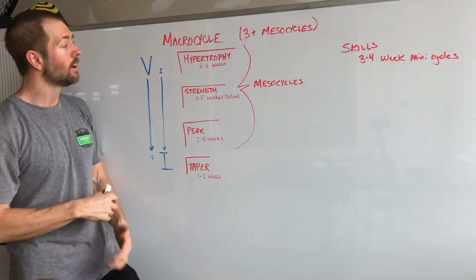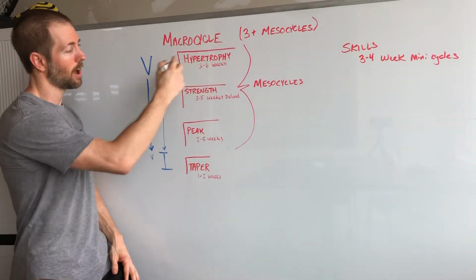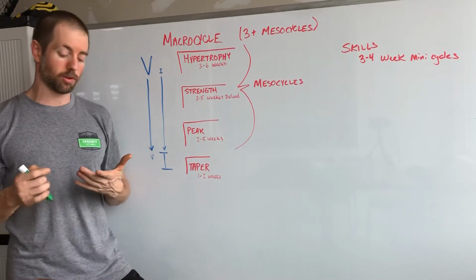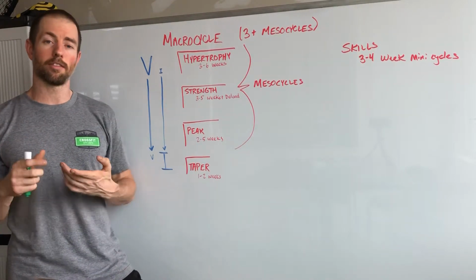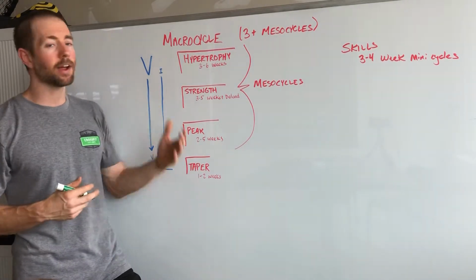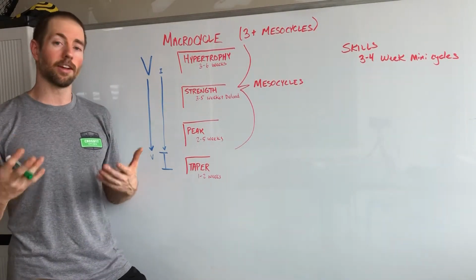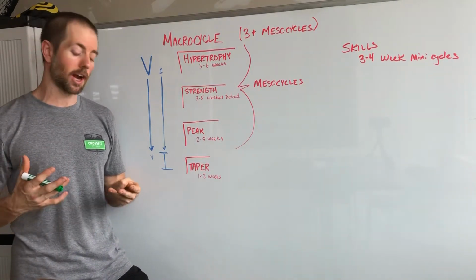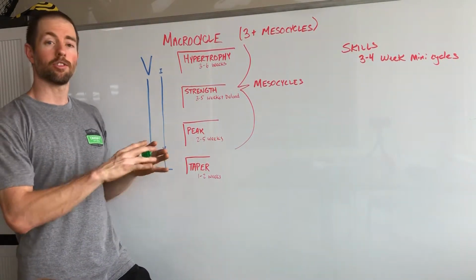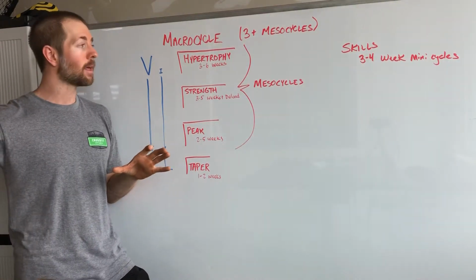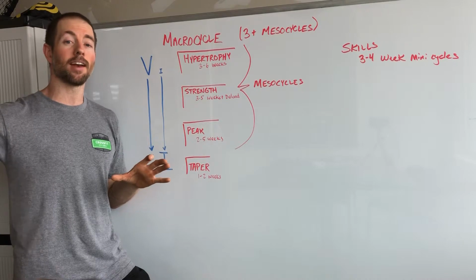The other thing is when we're talking about these rep schemes and stuff, I was mainly talking through the slower lifts: the squatting, the pressing, the deadlifting, that kind of stuff. We have our faster lifts, the Olympic lifts: clean, jerk, and snatch. A lot of powerlifting programs will use their slow lifts on one day, and then on another day, they're going to have more of a dynamic effort day.